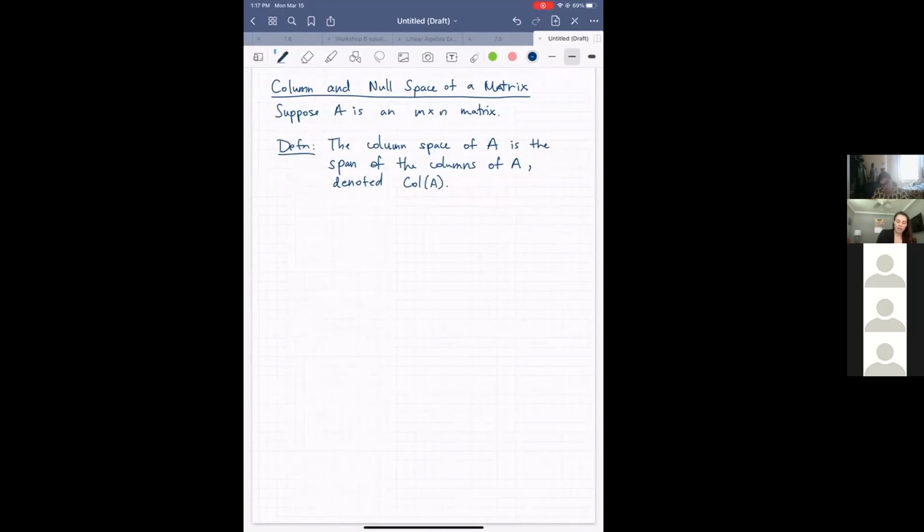Okay. And we already know that if we can write something down as the span of vectors, it will form a subspace. So we don't need to check that this actually gives us a subspace, right? We already know that by the way it's defined, it will definitely be a subspace.